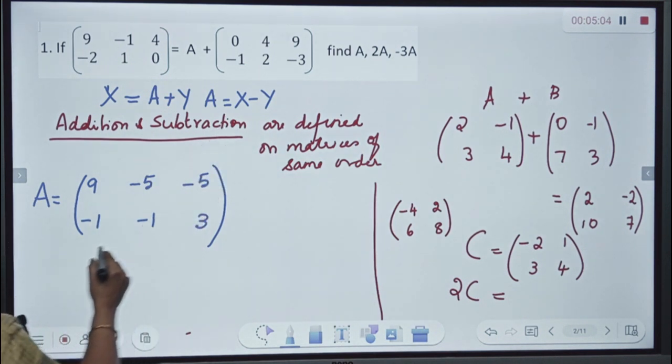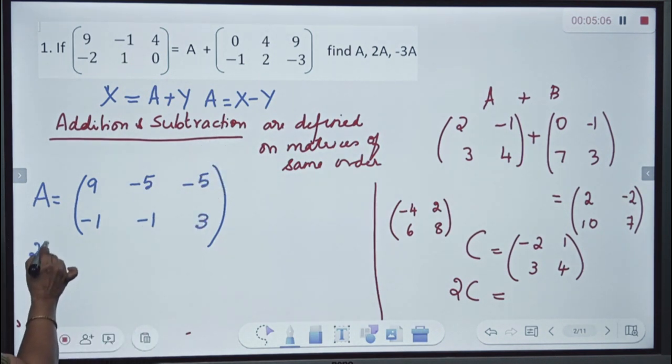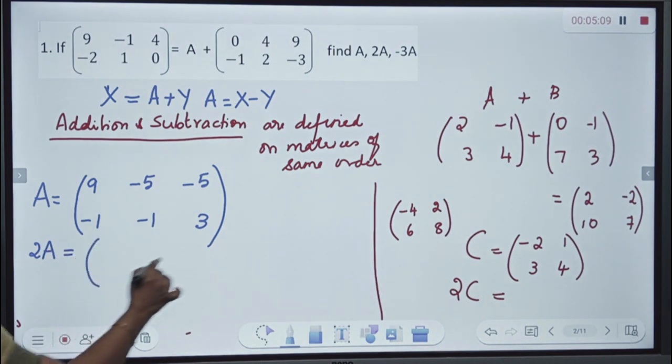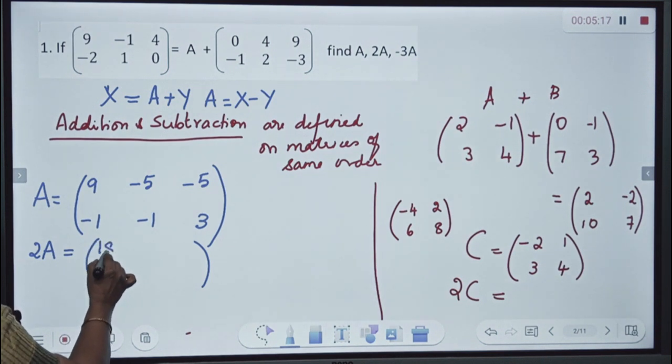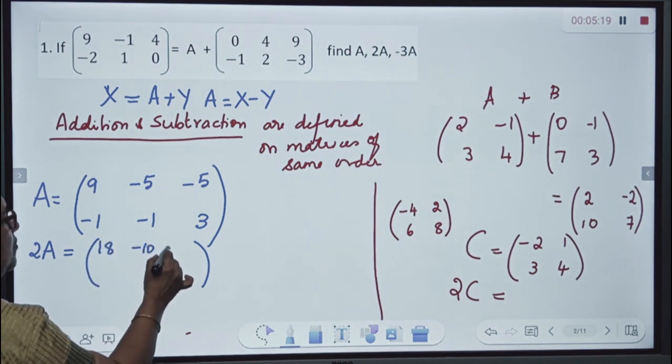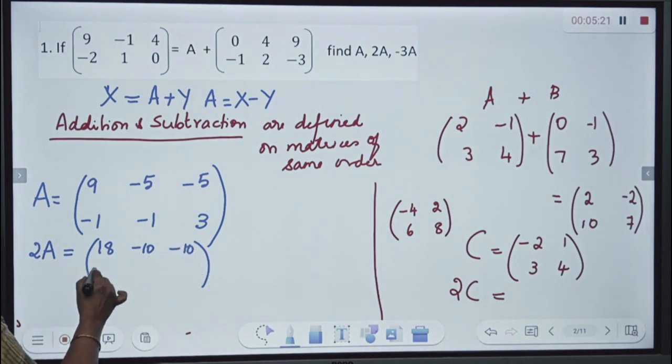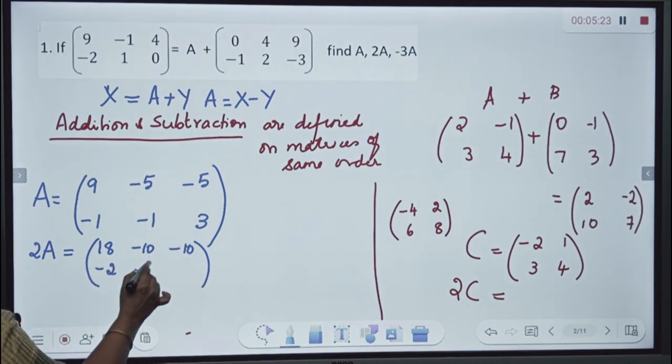A few more questions are there. What is 2A? I have told you multiplication by scalar means multiplying every term by that scalar. So this will be 18, minus 10, minus 10, minus 2, minus 2, 6.